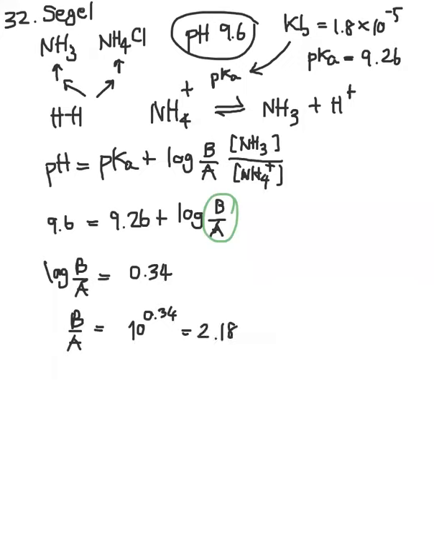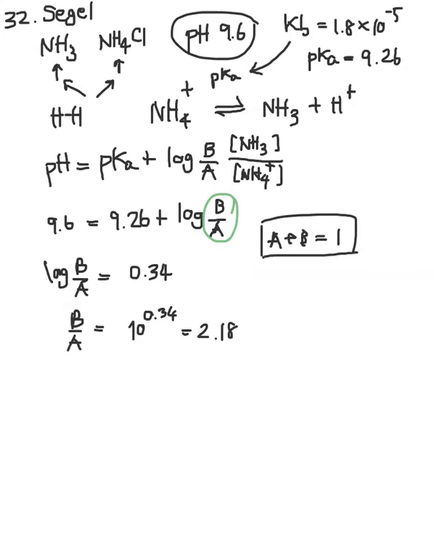Okay, because this is the ratio, right? B and A is the ratio, and one thing to keep in mind is that in any case, A plus B will be equal to 1 or 100%.